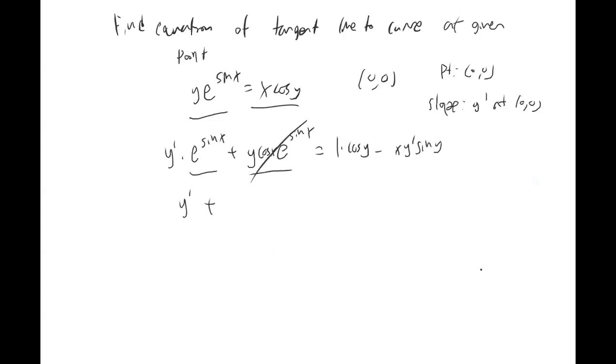So y prime equals cosine of 0, which is 1, and the last term is just 0. So y prime is 1. My point is 0, 0 and my slope is 1, so this is just the line y equals x.